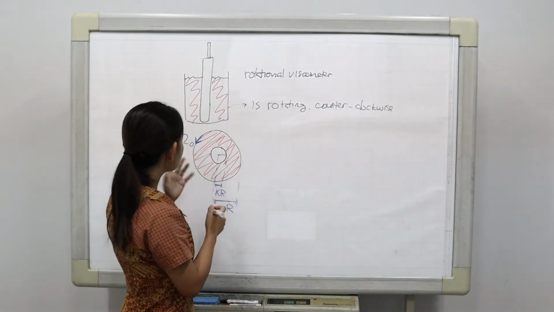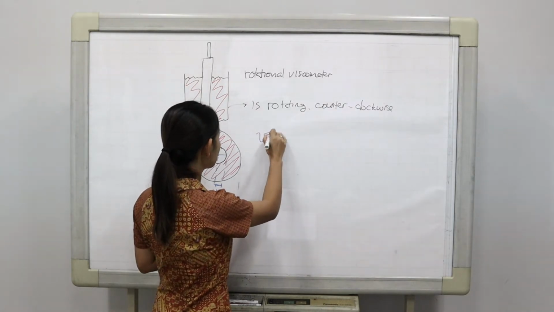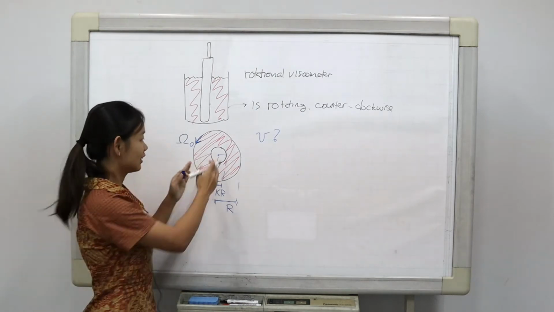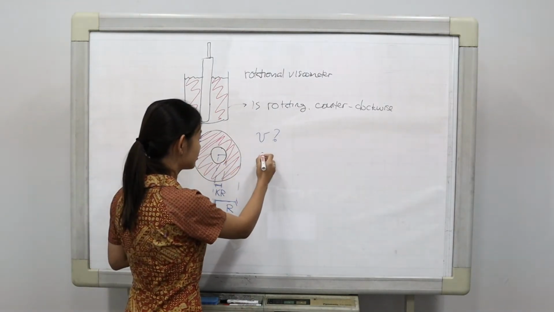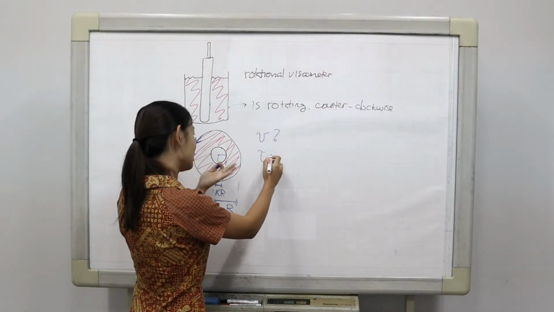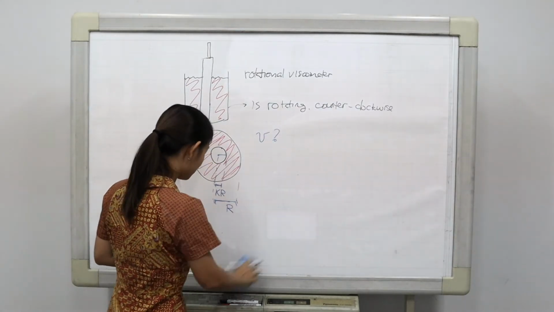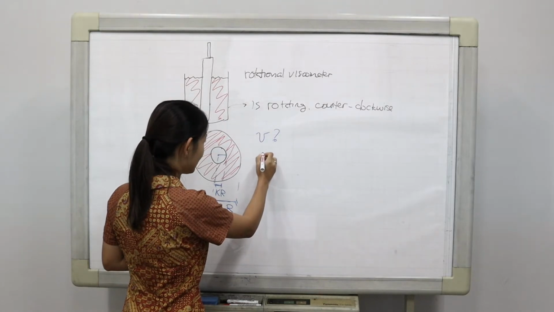So what we want to know is the velocity profile of the fluid in between these two cylinders, and what is the torque? Actually, what we want to know is not the momentum flux distributions, but the torque.